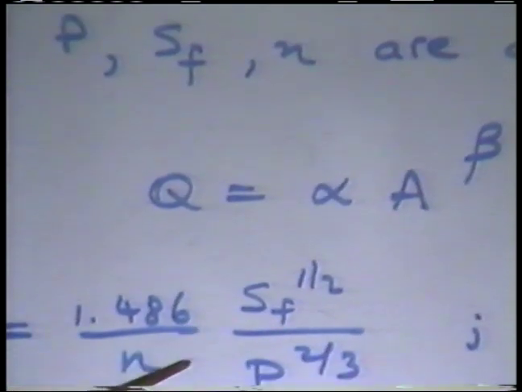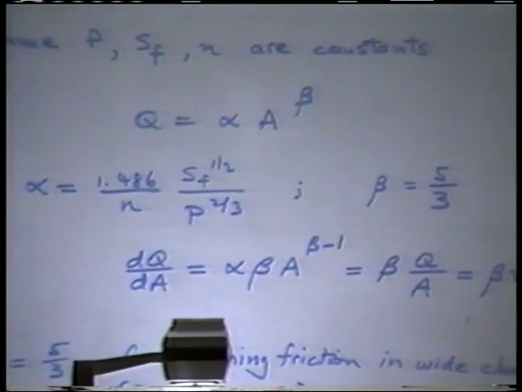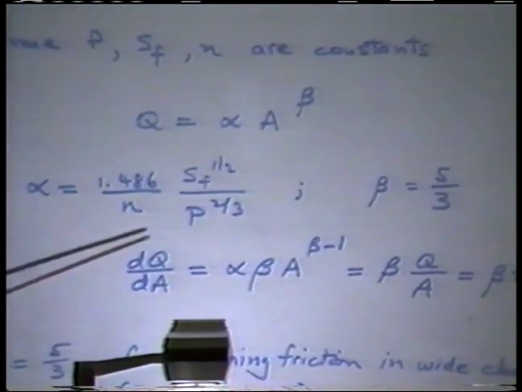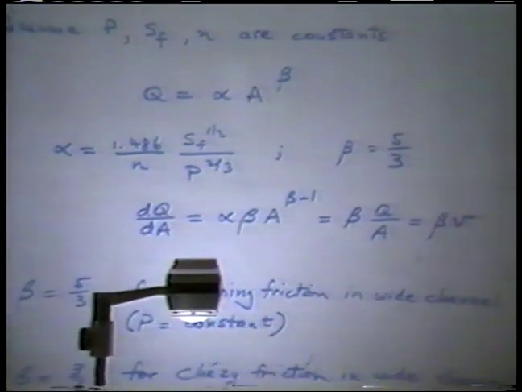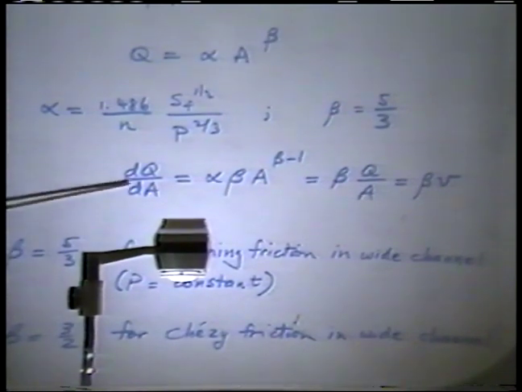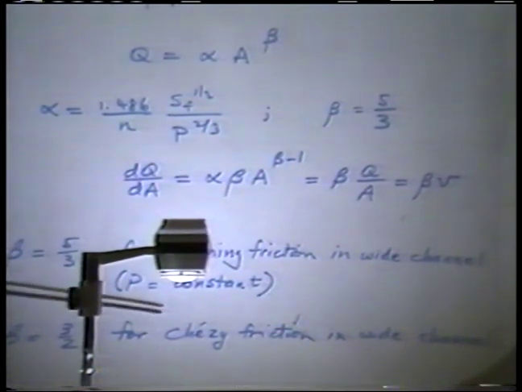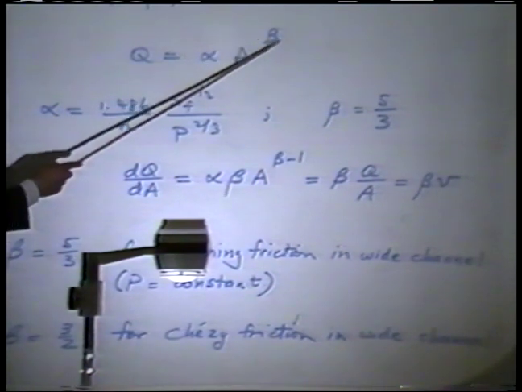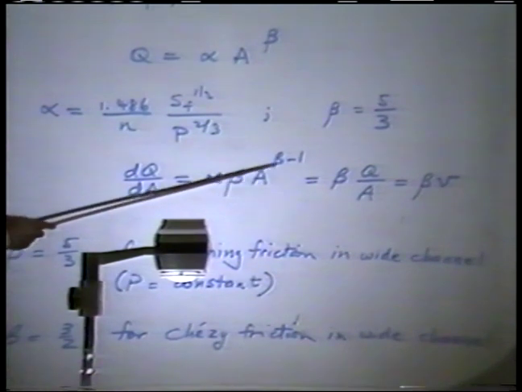Because you've got the friction and the cross-section, and we already said this is a wide channel with Manning's n. So now we take the derivative, and we presume for the time being, and I admit it's a shortcut, but we do it, we assume that alpha and beta are constant, and take dQ/dA, and that is alpha times beta times A to the beta minus 1, right?